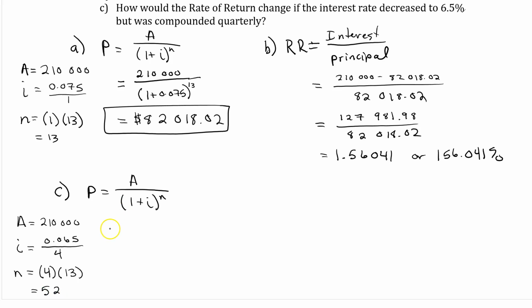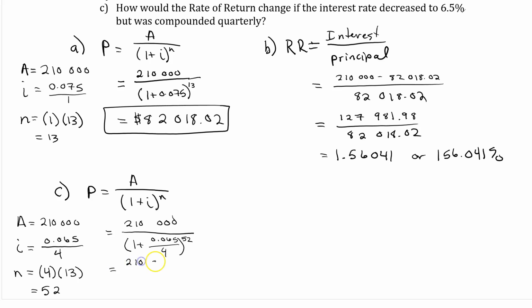So let's plunk this back into our formula here. So we have 210,000 for our future value. And then we have 1 plus 0.065 all over 4, to the power of 52. I'm just going to simplify the denominator a little bit.